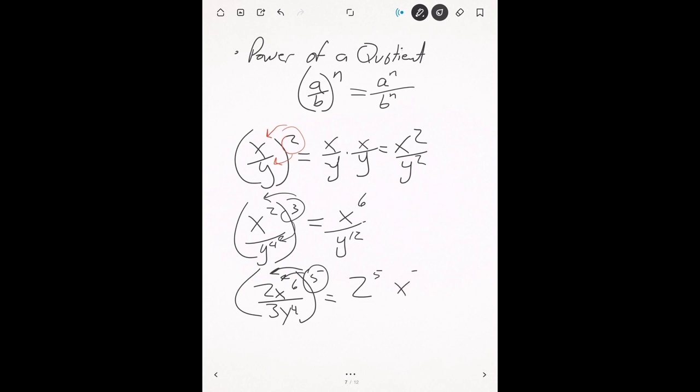So I have 2 to the 5th, x to the 30, over 3 to the 5th, y to the 20. And there I go. That's going to be my final solution. I applied that exponent to each thing within the fraction there. Numbers and variables. So there we go. We're all set with these: power of a product and power of a quotient.